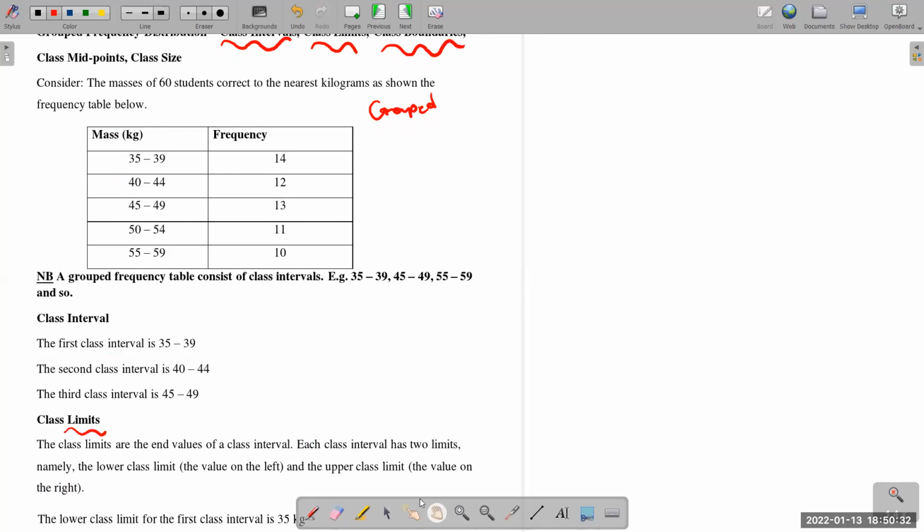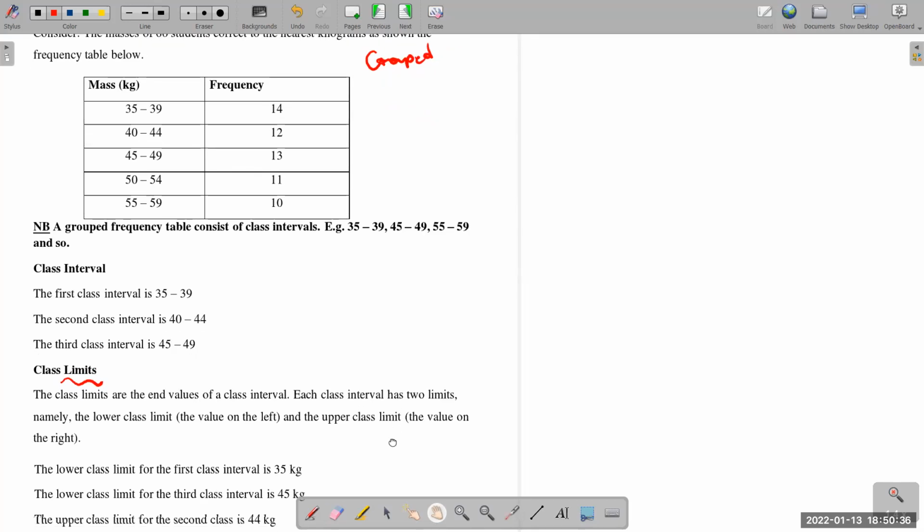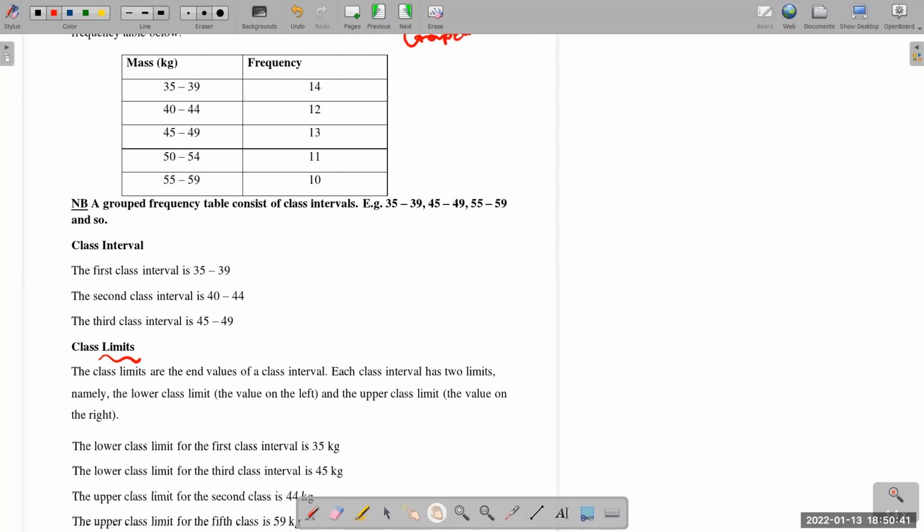I want you to think about limits clearly, because there's something else we're going to learn right after that people mix up limits with. Limits are the first number and the last number, because obviously 35 to 39 doesn't mean just 35 and 39. It means all the numbers in between, starting at 35 and ending at 39.